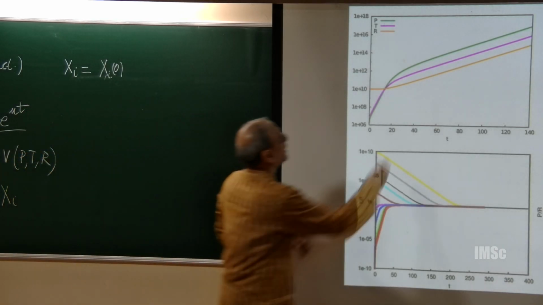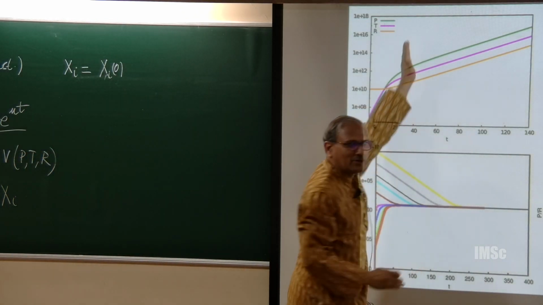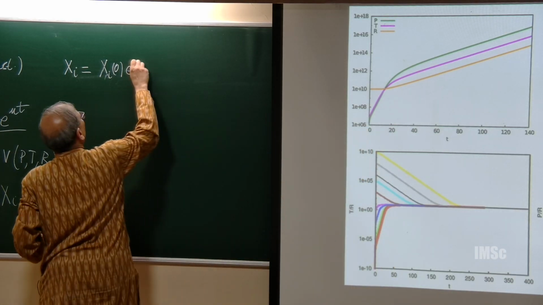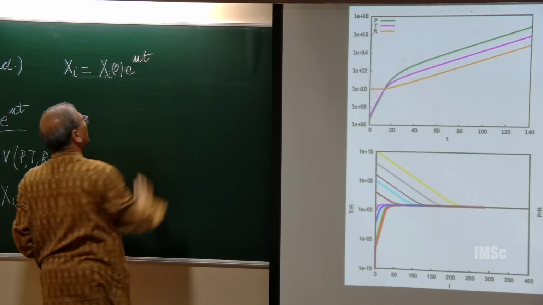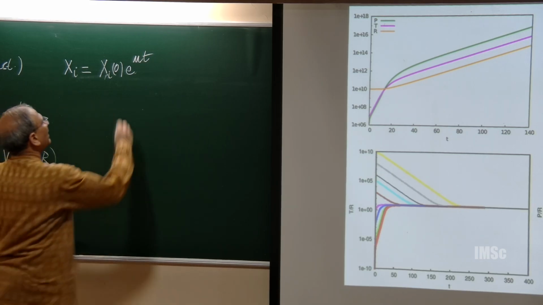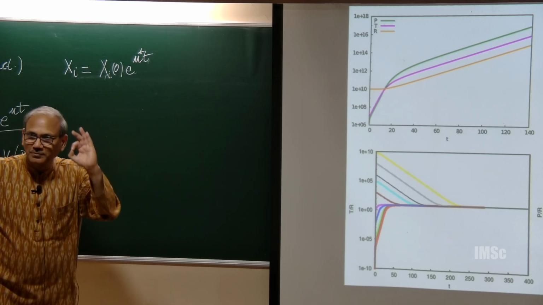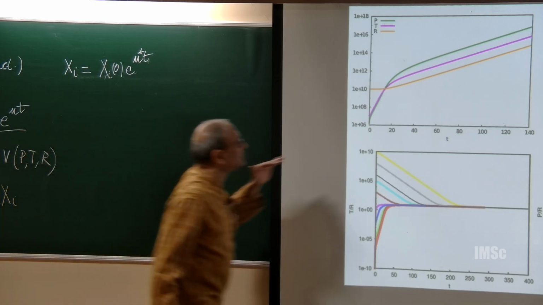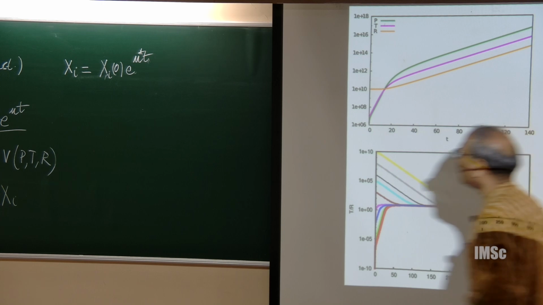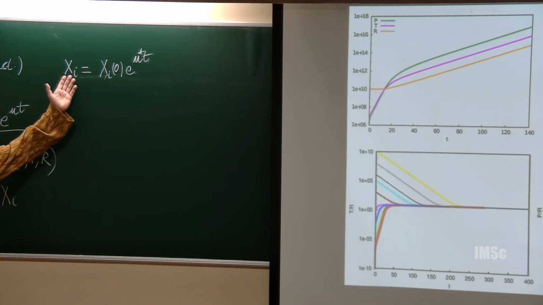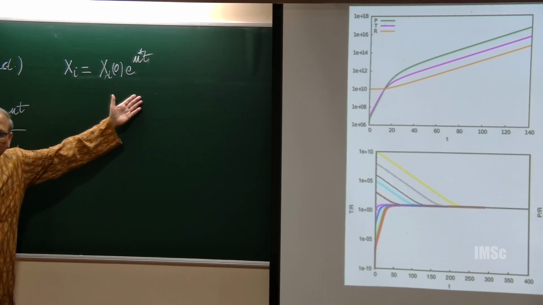Let's say I start here and I call that t equal to 0, times e to the mu t for some mu. I will call this mu star. This is some constant mu which has emerged from the dynamics. So you are getting an exponential solution, which you expect for linear systems. That is what is coming out at long times.